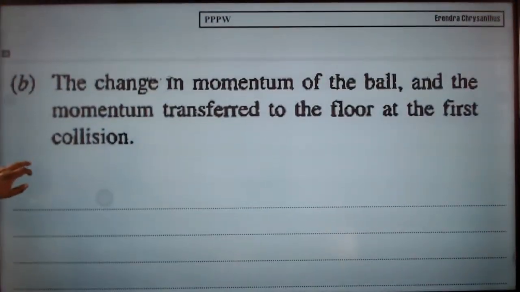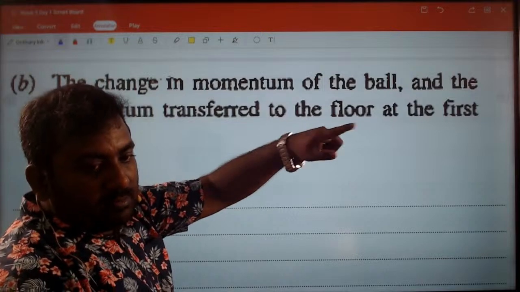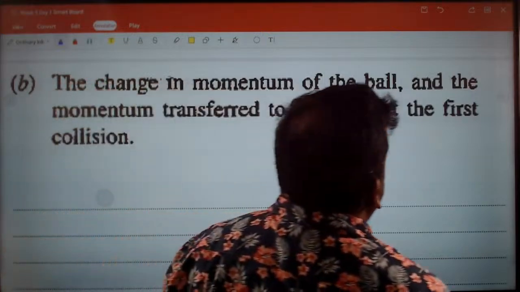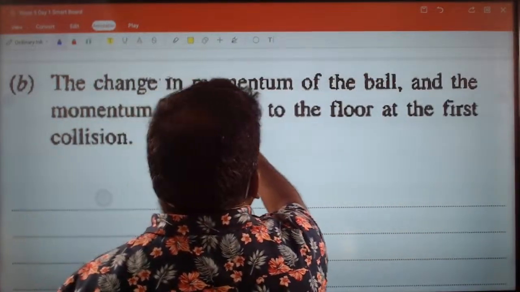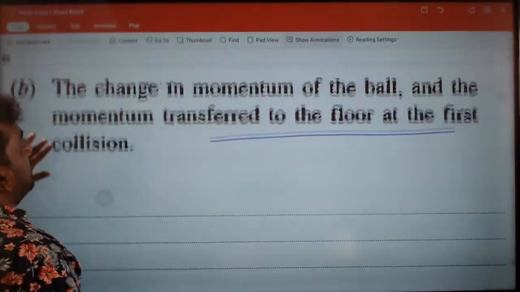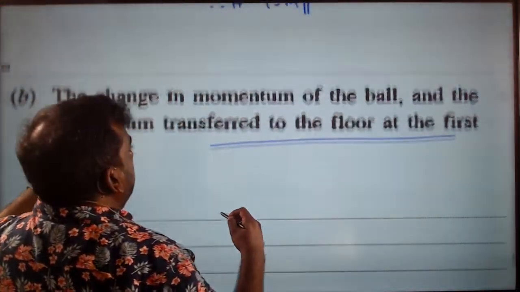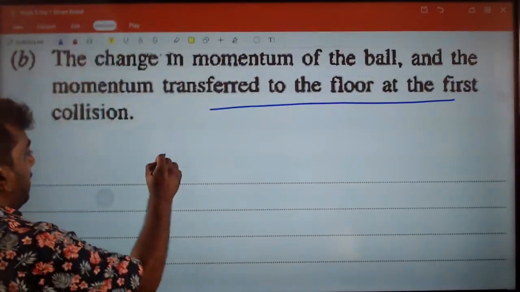Next one: change in momentum of the ball, and the momentum transferred to the floor at the first collision. Look at the picture. Colliding with 30, rebounding with 20.